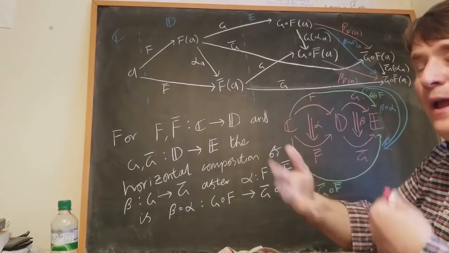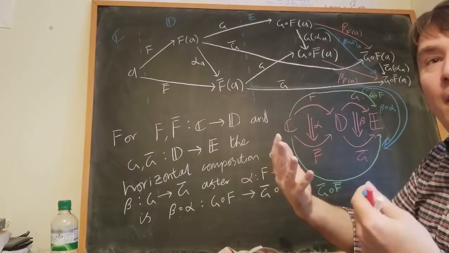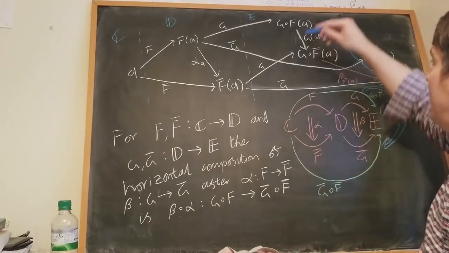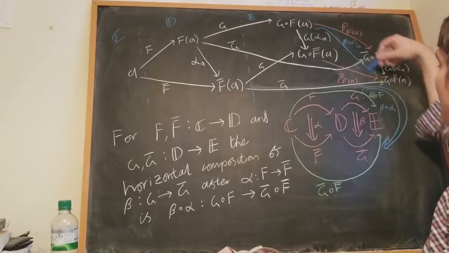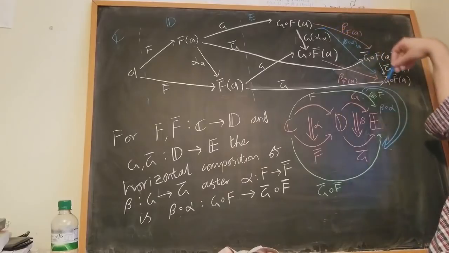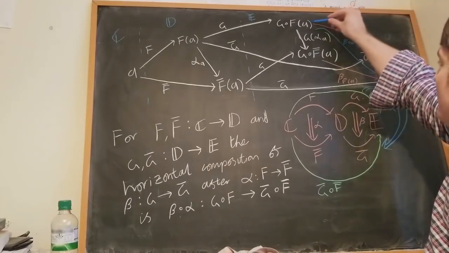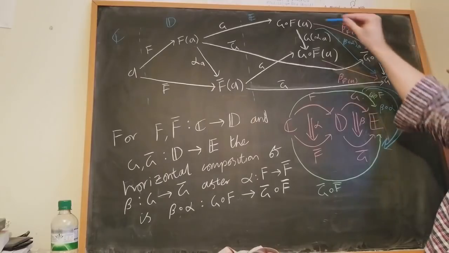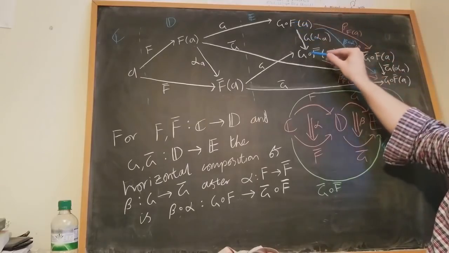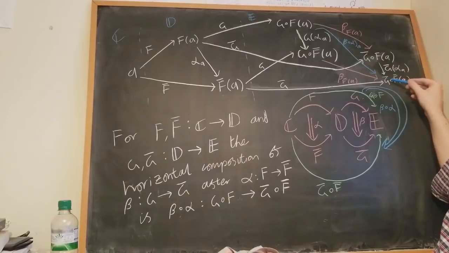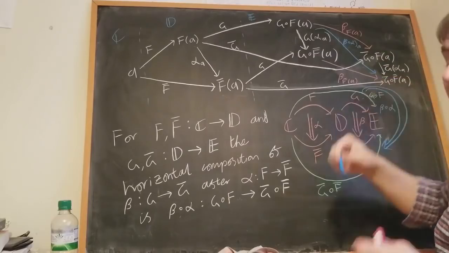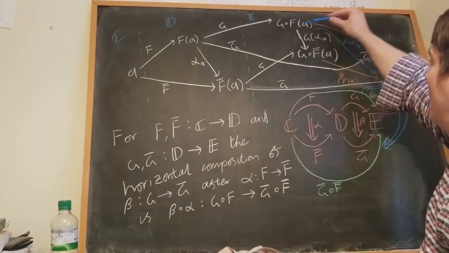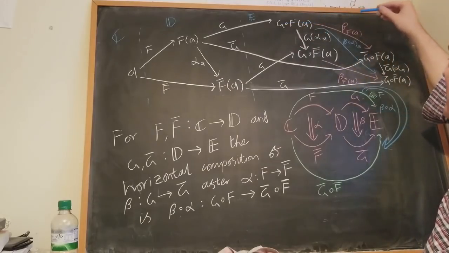But, okay, how do we actually make this arrow though? Well, there's actually two ways we can do it. When I write this arrow, I'm saying that it represents the thing that we get by either going along here and then here, or by going along here and then here. And in fact, it doesn't matter which one we do, because beta is a natural transformation.